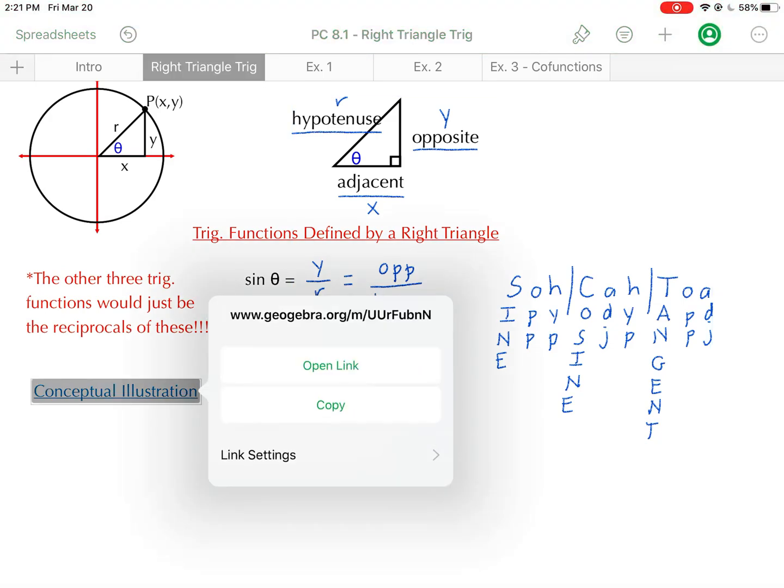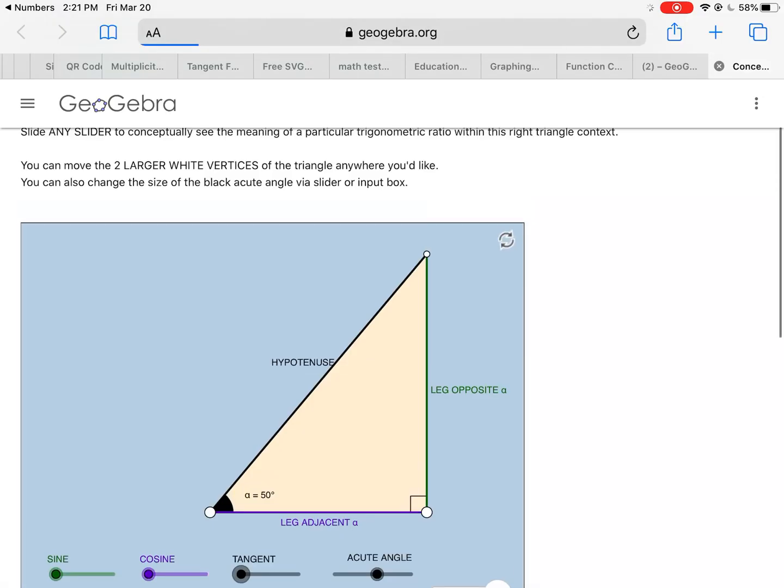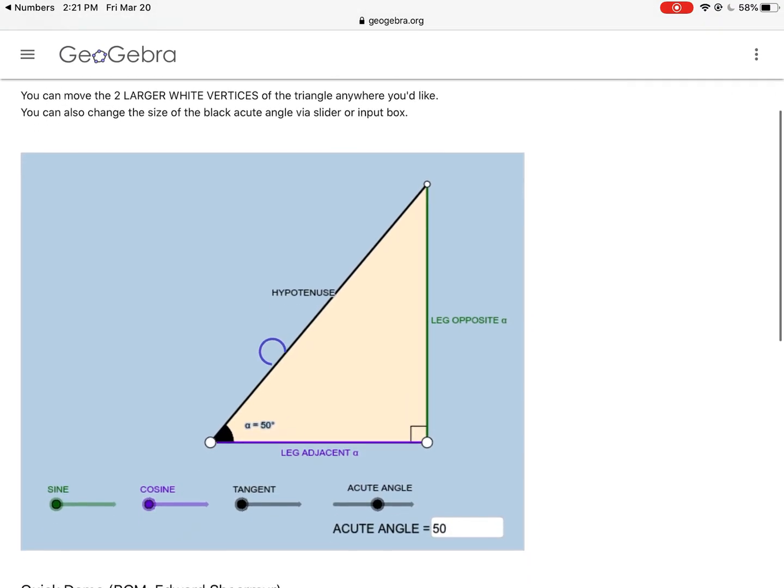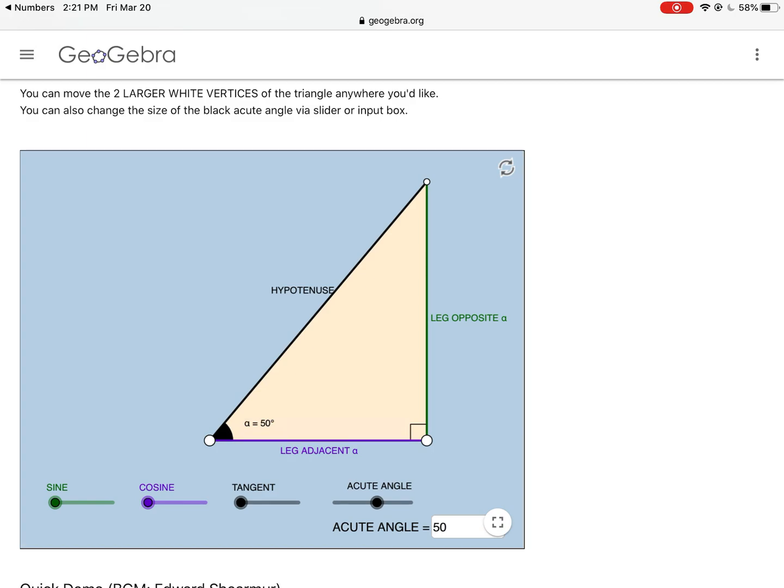So I'm going to pull up this illustration. I think this is going to be a really good visual to help you conceptualize what these trig ratios represent. Okay, so you can see we're working with an acute angle alpha here of 50 degrees.